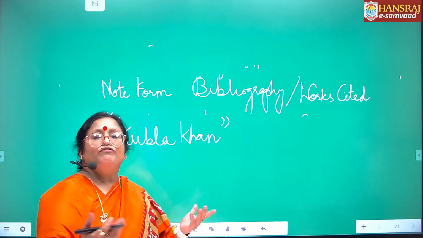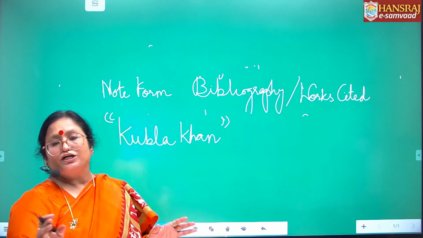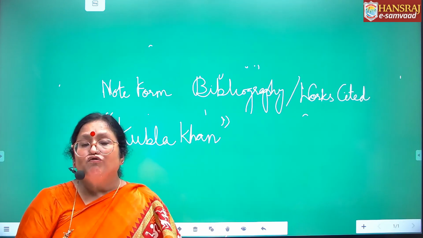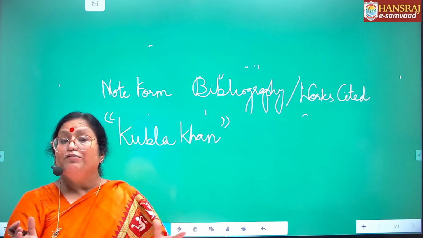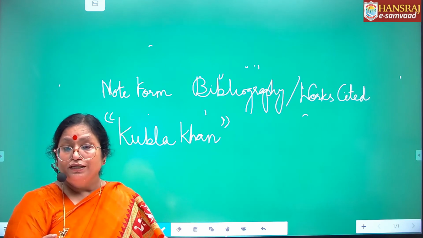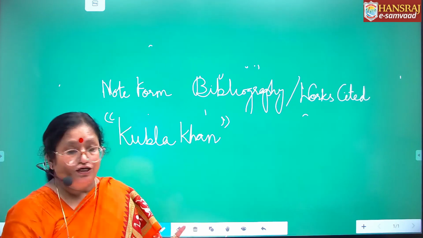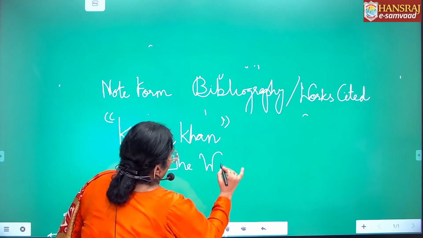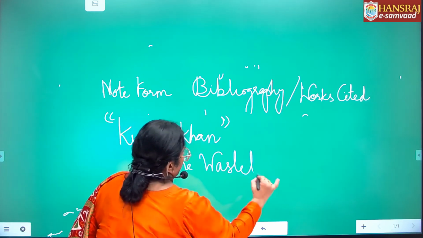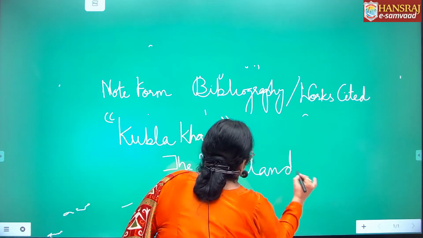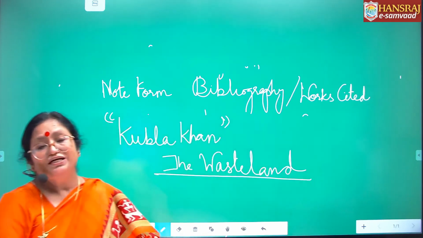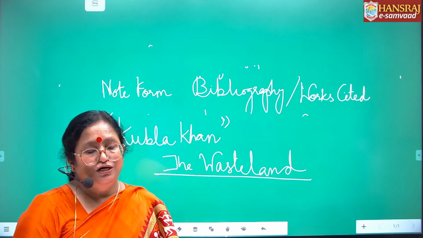Likewise, the name of a chapter is again put in double commas. But a poem like The Waste Land, because it is an independent unit, though it is a poem, is treated as a book. So The Waste Land will be treated as a book and it will be underlined.